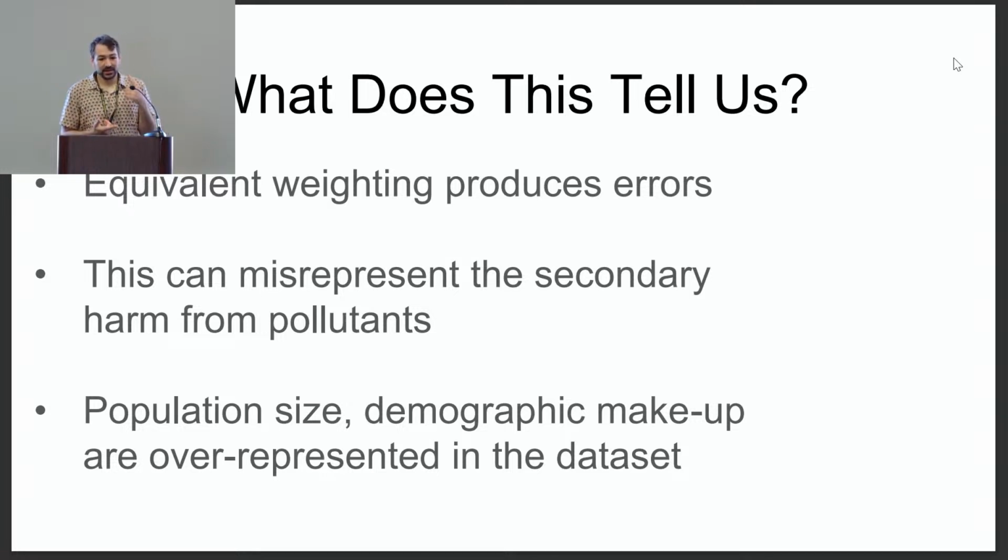It tells us that the equivalent weighting method that's being used currently, at least by MD EJSCREEN, but probably by most other EJ screens, is not entirely accurate. It creates a lot of errors. It misrepresents how the harm is impacting the community because it over-relies on the general socioeconomic characteristics of a tract to determine impact.